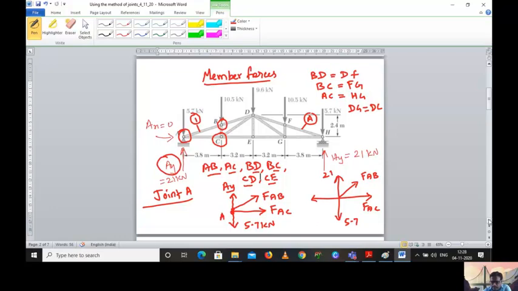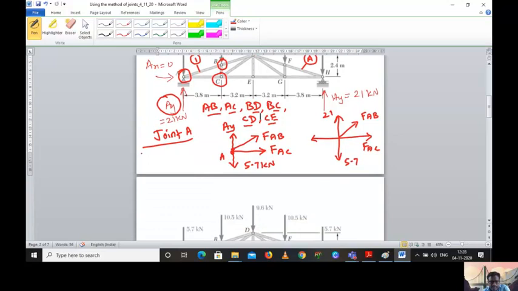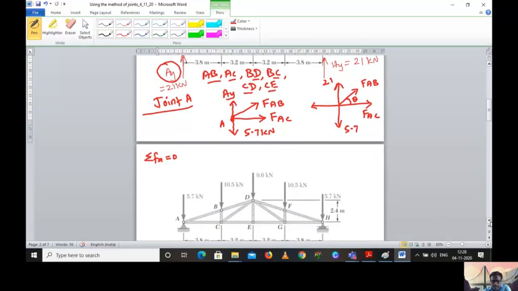I'll explain one by one. Once you have come across this, you can write the equation summation of Fx is equal to 0. In this condition, for FAB we have to calculate this theta. How to calculate this theta? For that I can explain here, you will understand.